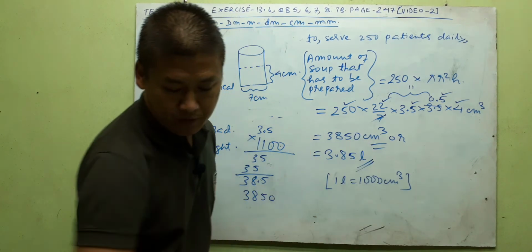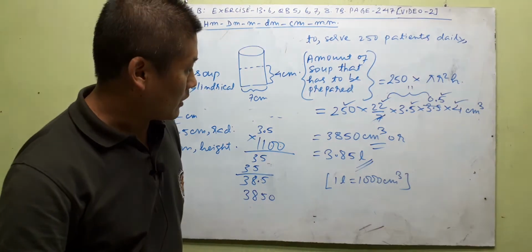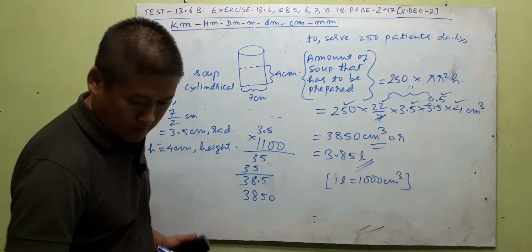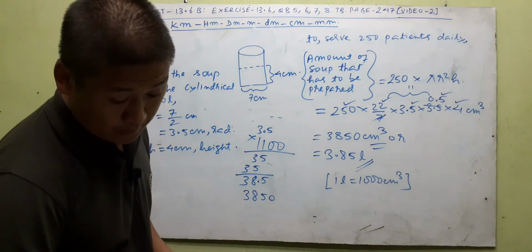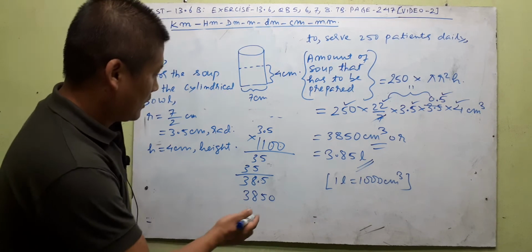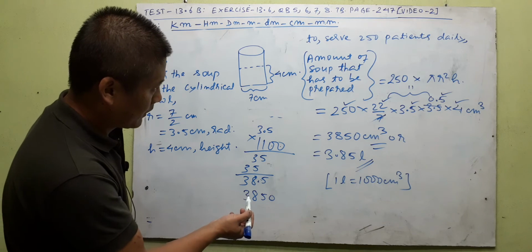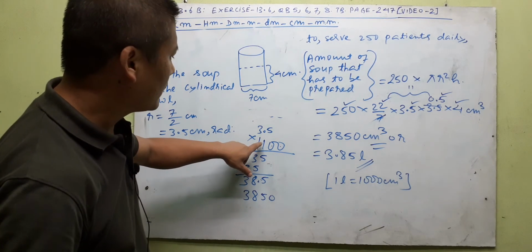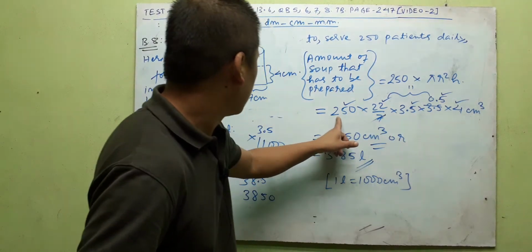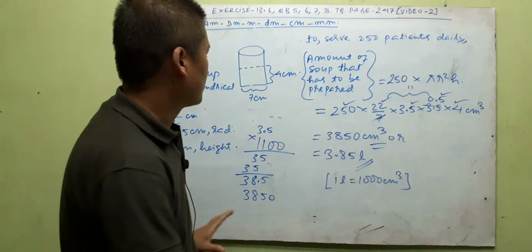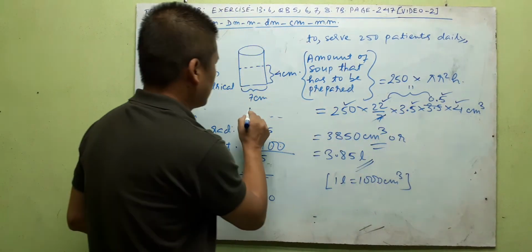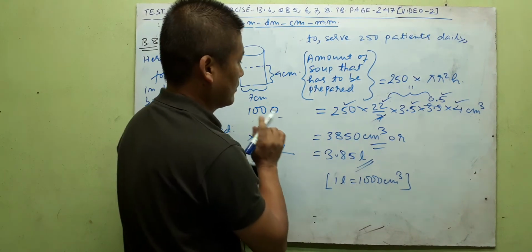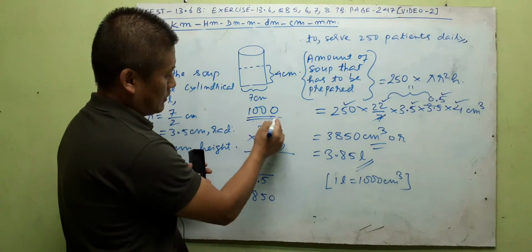Wait. I think we make a mistake here, see. 3.5: 25 fours are 100, so we write 100 and 1 0 here. We missed one here, sorry. Then it should have been 3 zeros here.